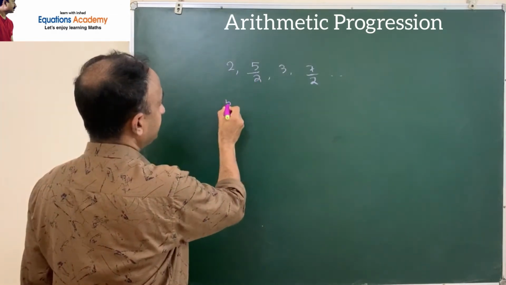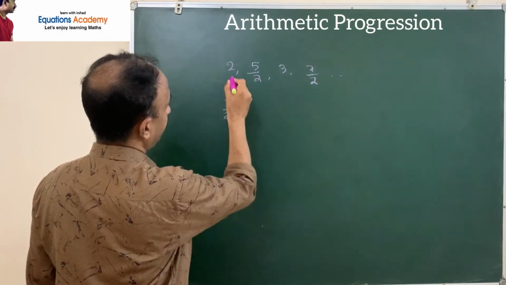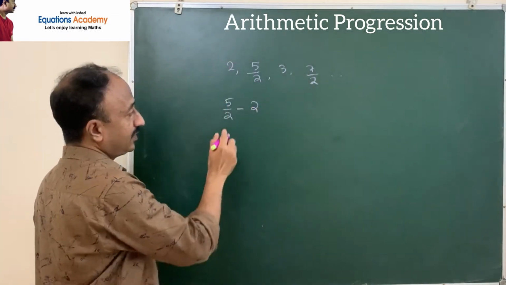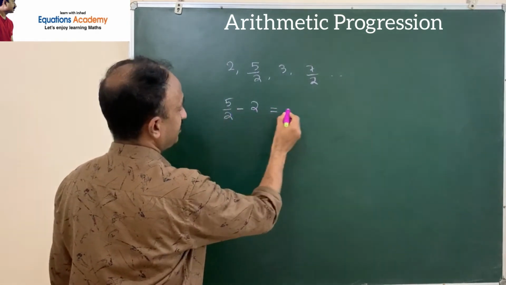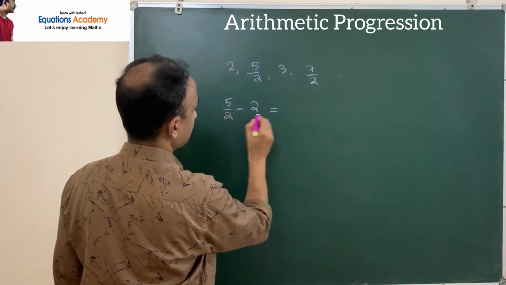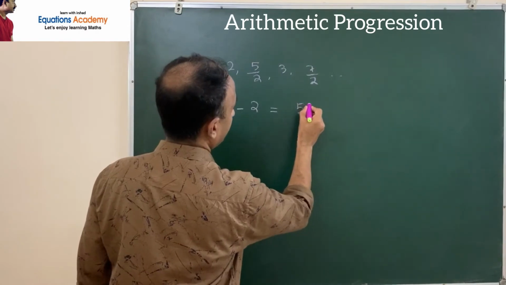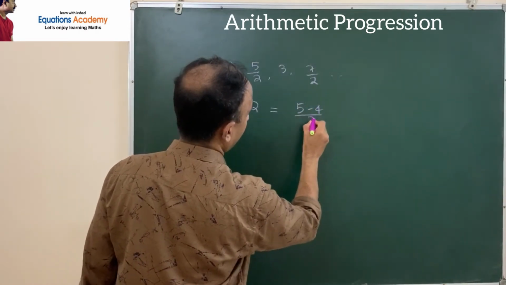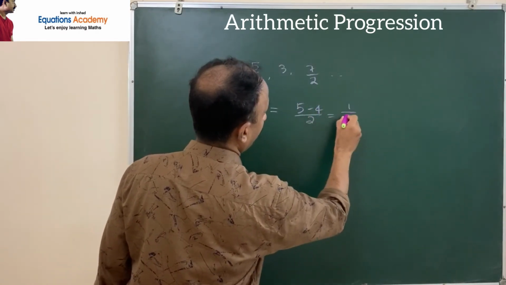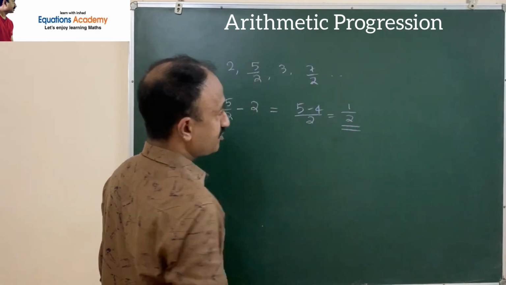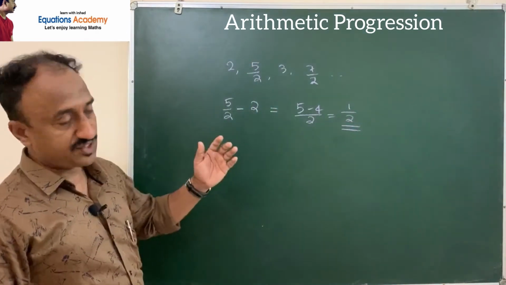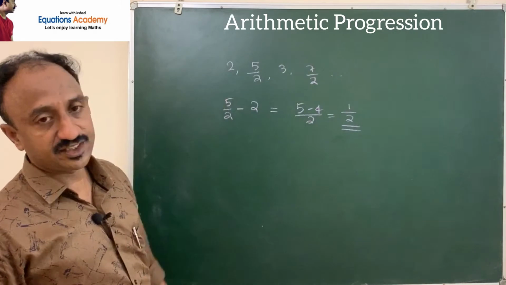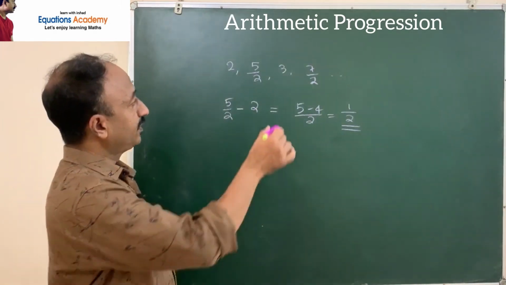Second term, that is 5 by 2, minus first term 2. 5 by 2 minus 2: 2 into 2 is 4, LCM is 2. So, 5 minus 4 by 2 is equal to 1 by 2. Here the difference between the first and second term is 1 by 2.